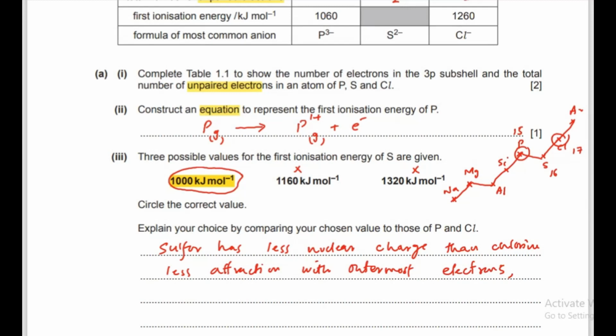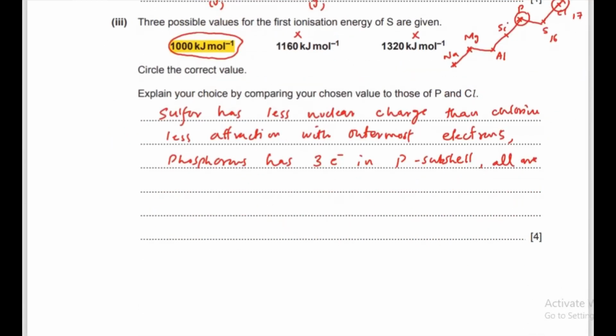Whereas if we compare phosphorus and sulfur, phosphorus has three electrons in the p subshell. All are unpaired, whereas in sulfur there is a paired electron in 3p.